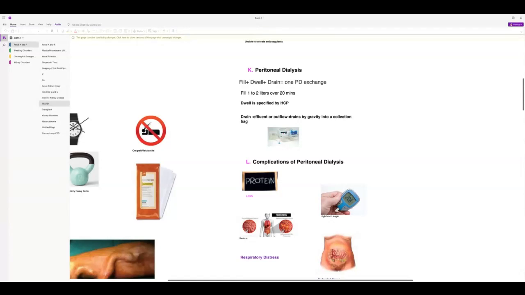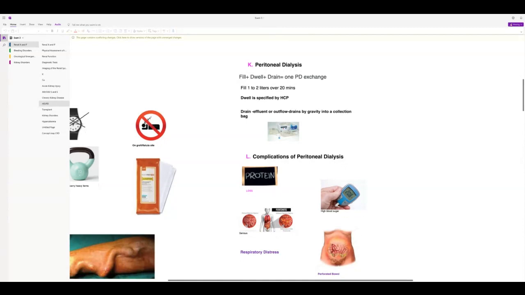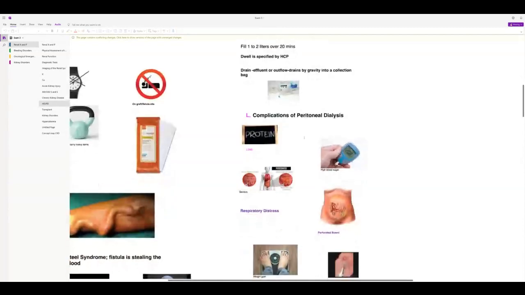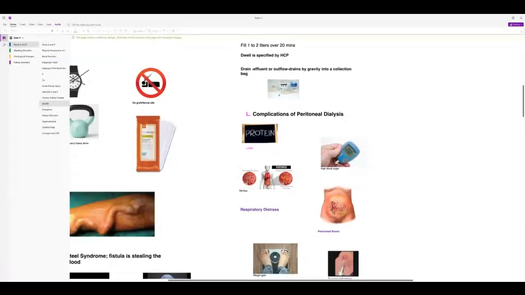So the complications of peritoneal dialysis are there's more protein loss. So people with peritoneal dialysis have to eat more protein than people that have hemodialysis. And people in stage 3 and 4 obviously have to have low protein.